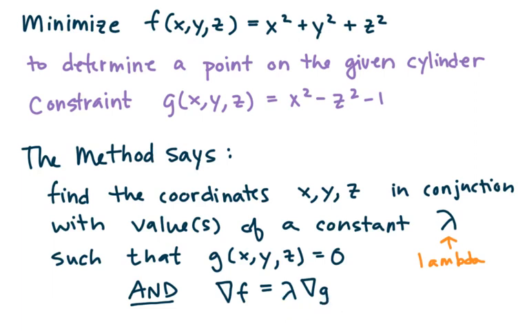Now when I scroll to find my gradient of f here on the screen, I'm going to run out of space, but we can see the partial with respect to x would be 2x, the partial with respect to y of this function is 2y, and then the partial with respect to z will be 2z.